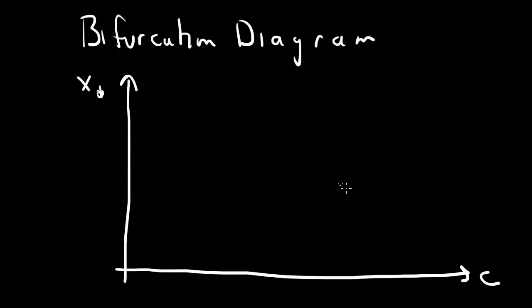At C equals 0, x star equals 0 is always a fixed point. At some value, when the square root becomes real, we have a bifurcation happening that looks like this.